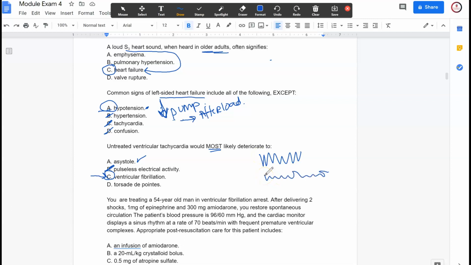It becomes fibby. Torsades de pointes is the twisting on the angle when it's polymorphic. You're not going to add pacemaker sites as it starts to deteriorate. You're going to lose them.